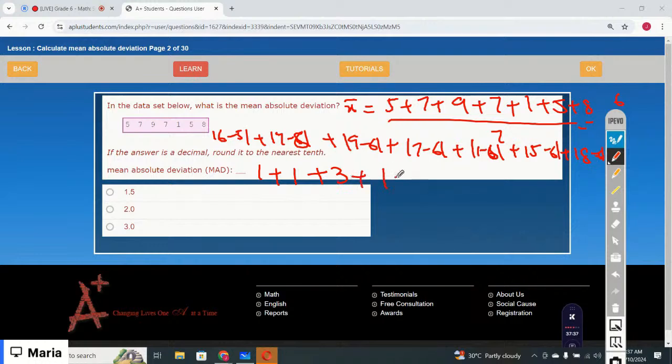9 minus 6 is 3, 7 minus 6 is 1, 1 minus 6 is 5, 5 minus 6 is 1, and 8 minus 6 is 2. Just add 5, 6, 7, 8, 9, 10, 11, 12, 13, 14. And 14 divided by 7 is 2. So the correct option is 2, that is 2.0.